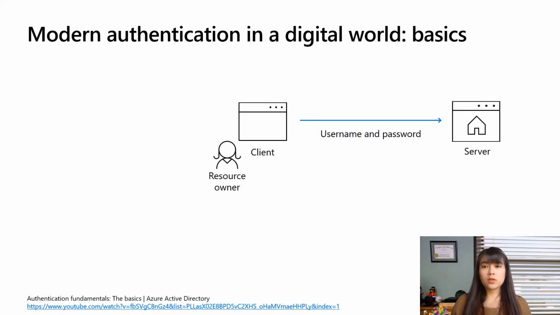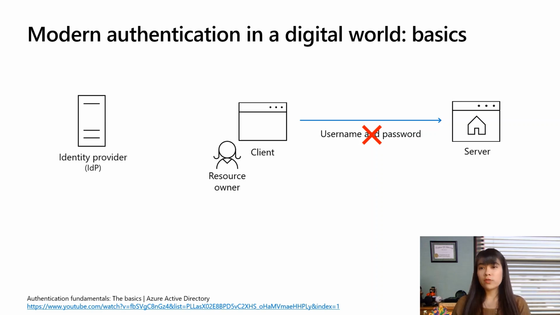So let's take a look at modern authentication. And I'm calling it modern to differentiate it from legacy authentication. If you're interested in legacy authentication, I encourage you to look up protocols like SMTP, IMAP, POP, and such. So this is where we started, and we don't want to be using username and password anymore. So what we do is we introduce a player called an identity provider.